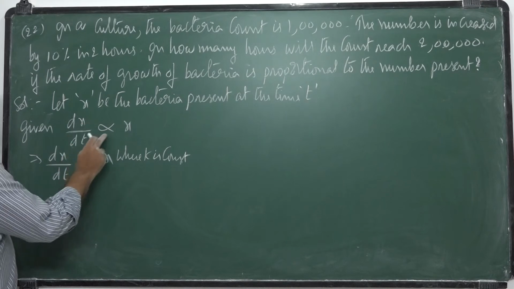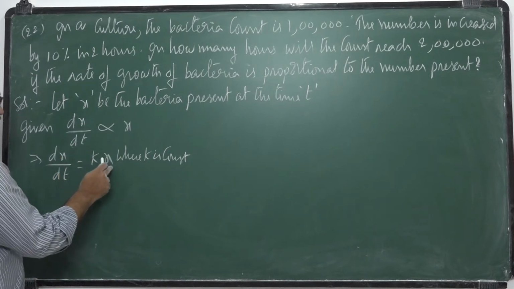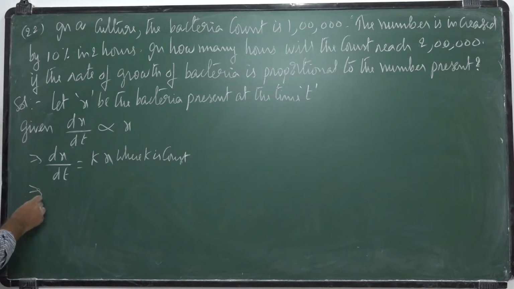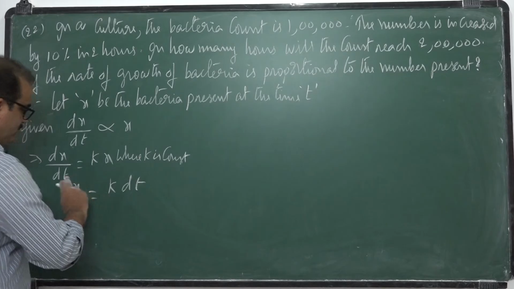We know if dx by dt is proportional to x, take dx by dt is equal to some constant into x. Here there are two variables, x and t. Separate the variables. Write it as dx by x is equal to k into dt.